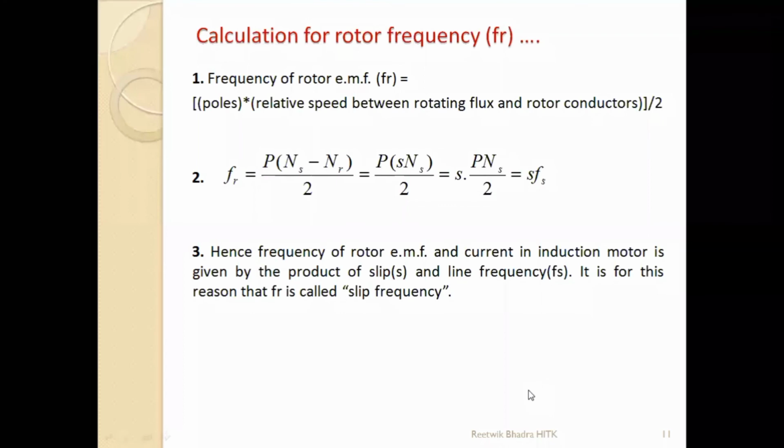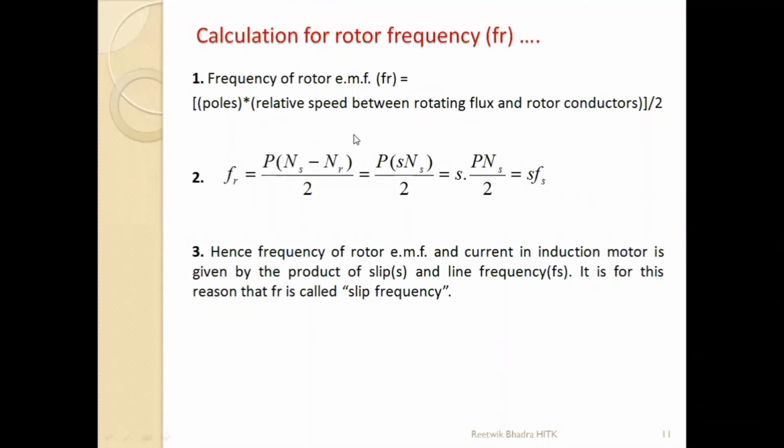So the same thing over here: fr is equal to p into (ns minus nr) by 120, the relative speed between the rotor magnetic field and the rotor conductors.